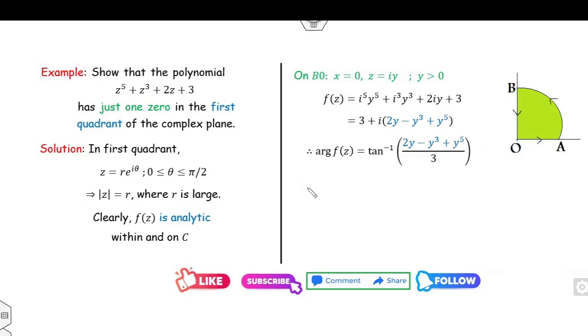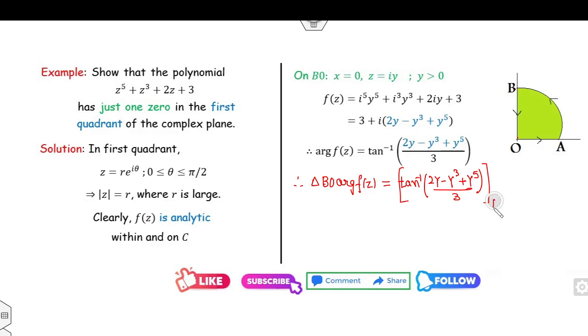Therefore once you know the argument, for BO, make sure the direction is fixed. For BO, that will be tan inverse of 2y minus y cube plus y5 divided by 3 over the angle. So what is the value of y from B to O?